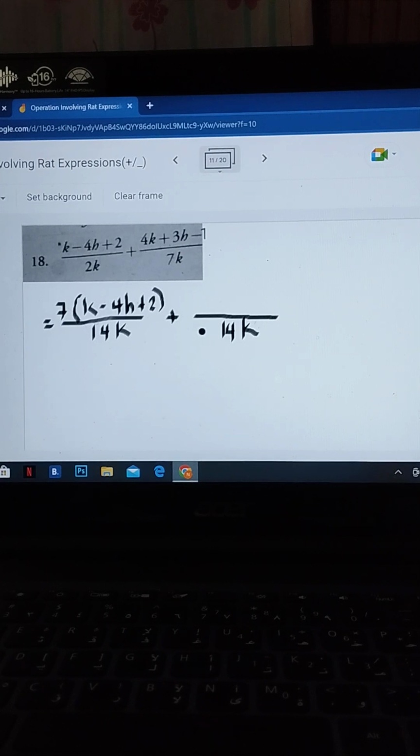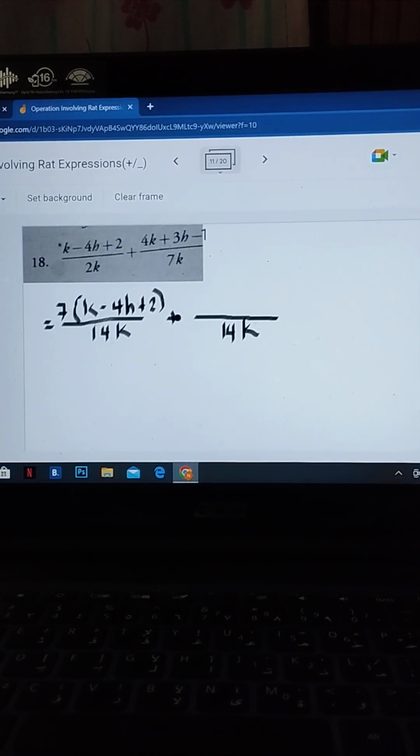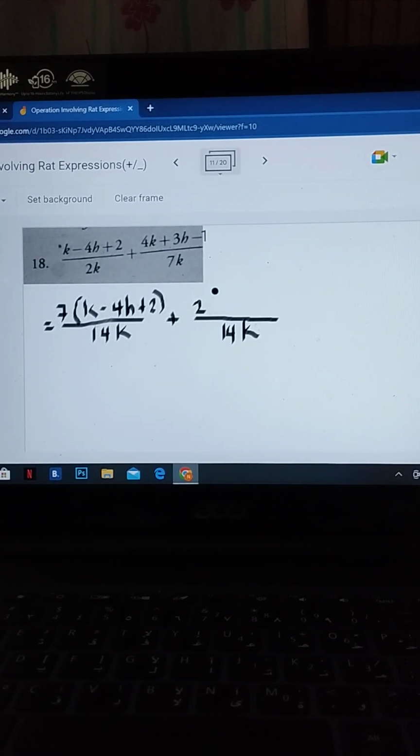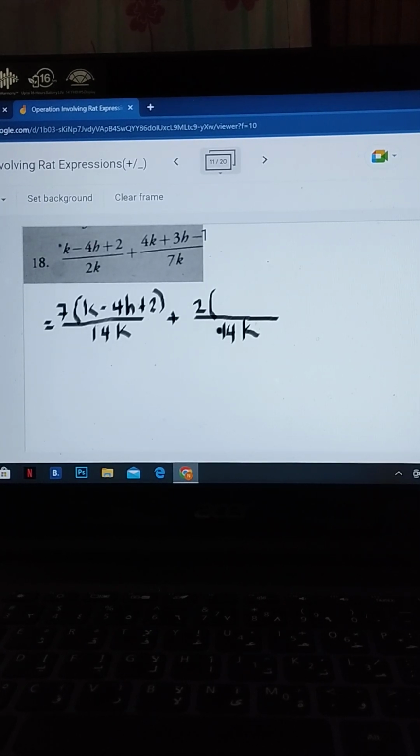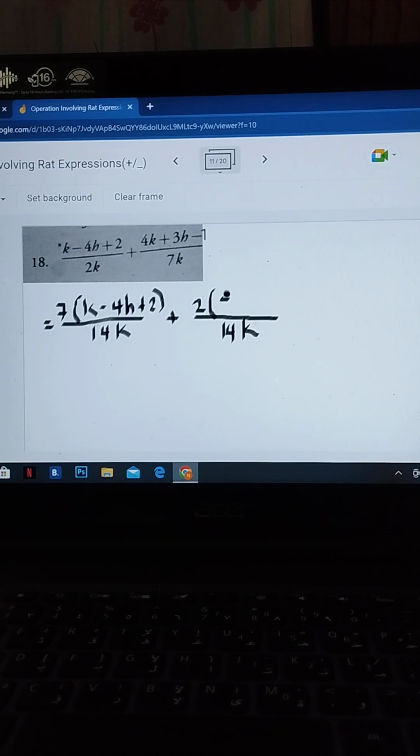Then 14k divided by 7k is 2. So you will distribute the 2 also to 4k plus 3h minus 1.